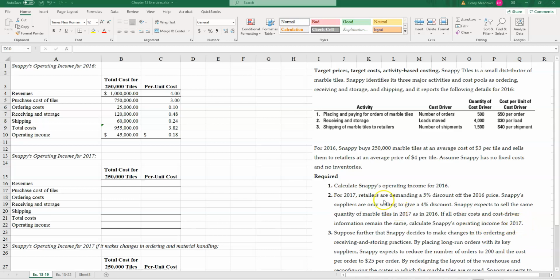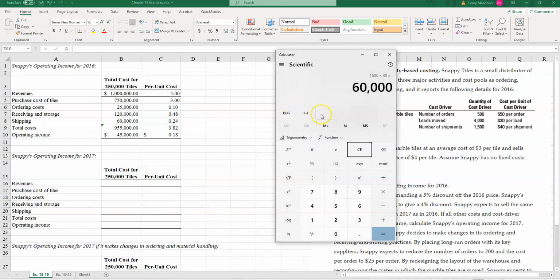So basically, we're told that revenue per tile is going to come down by 5%, and the cost to purchase the tiles is going to come down by 4%, but then all the activity costs are going to remain the same. So let's go ahead and figure out, what is my new sales price? Well, $4 per tile, and I'm only going to get 95% of that because I have to give a 5% discount.